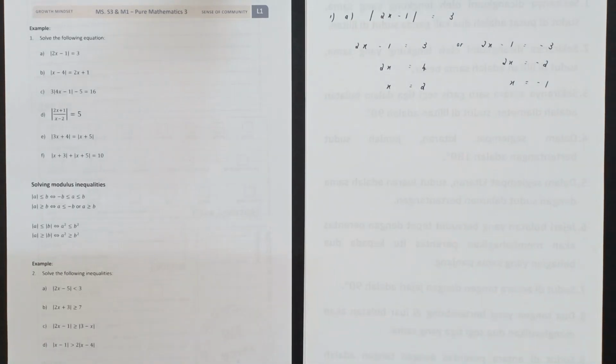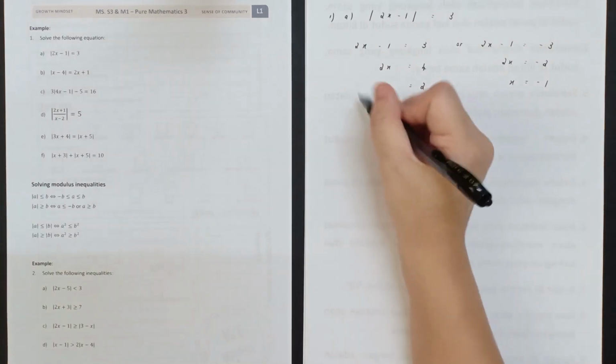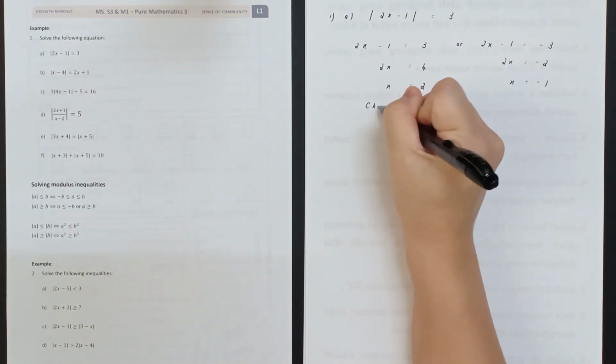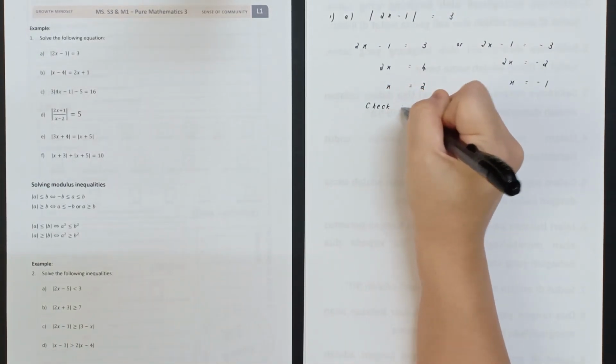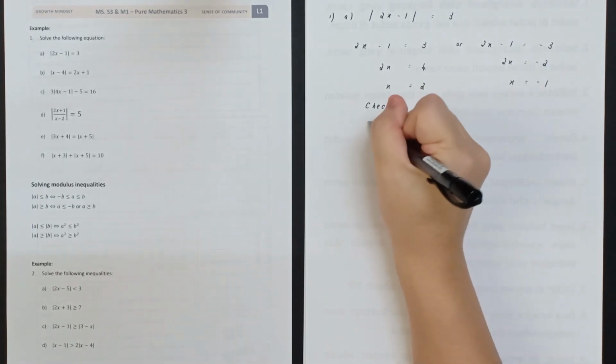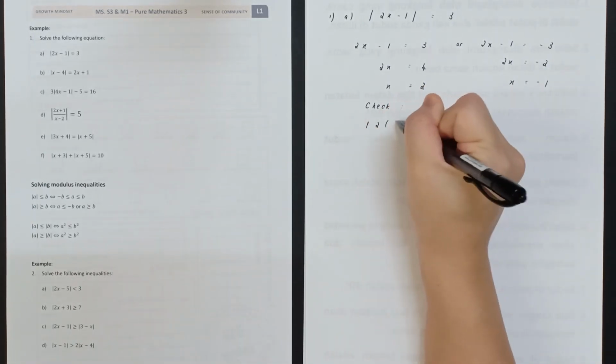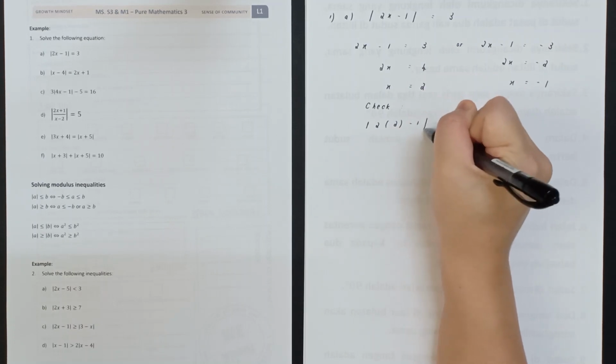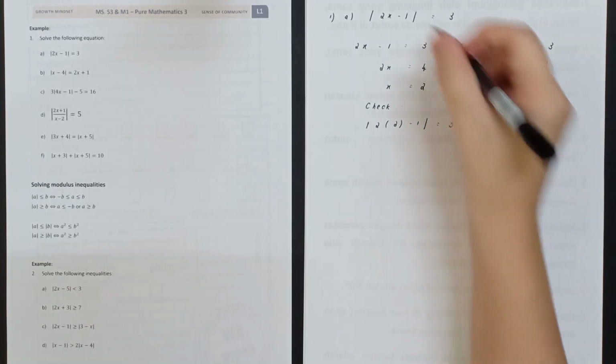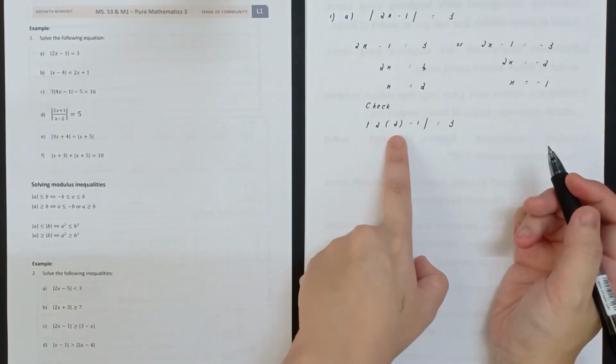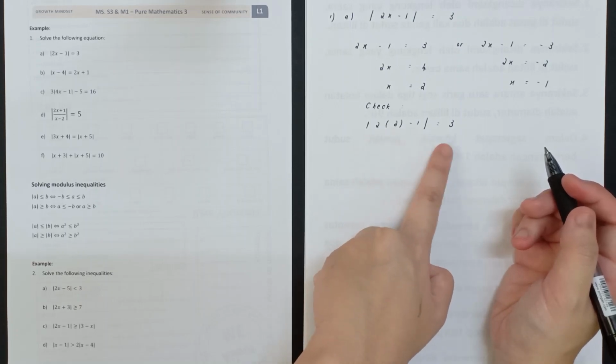Something very important when you solve a modulus function is that you must fit your answer back into the original equation after you've done everything. So, check. Substitute x equals 2: 2 times 2 is 4, 4 minus 1 is 3, modulus gives 3.